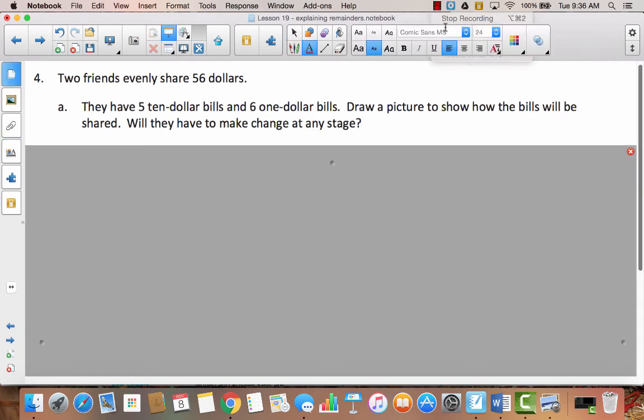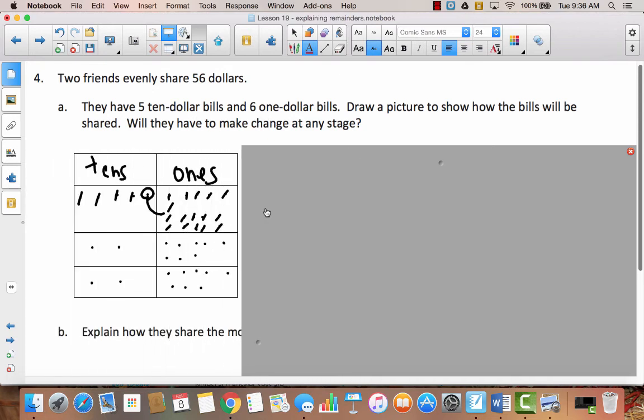Okay. So I used my computer program to make a place value chart just so it would be a little bit more even, but you can hand draw yours. You can see I thought of $10 bills as tens and $1 bills as ones. So I showed 5 $10 bills and 6 $1 bills. Then when I went to decompose my tens, I had 1 ten left over, so I had to decompose that 10 into 10 ones.